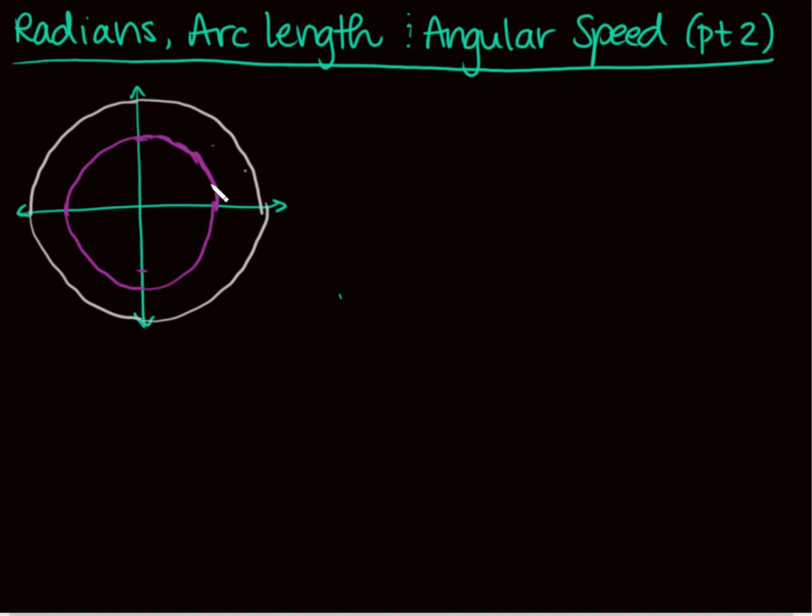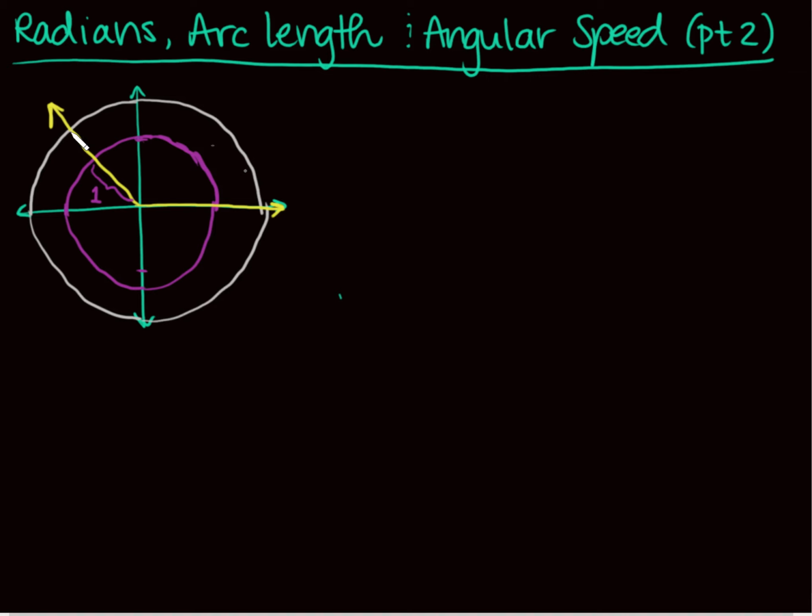Okay, so a couple things here. Let's get an angle first of all. Here's the initial side, and it doesn't really matter where I put this angle. In mathematics it's called without loss of generality. I'll just put it in the second quadrant, but this angle could go in any of the quadrants. So here's a couple things that we know. We know that this distance here from the center to the purple line is 1, because this is still going to be my unit circle.